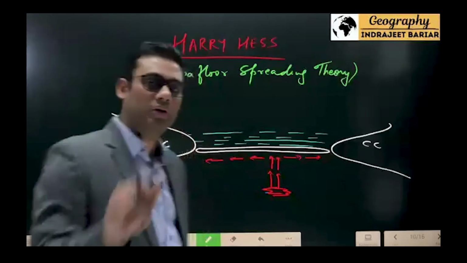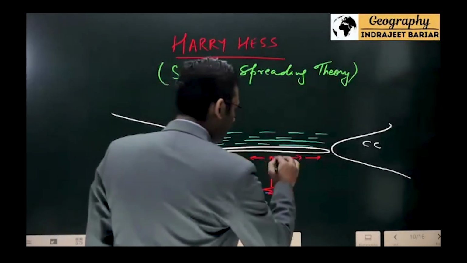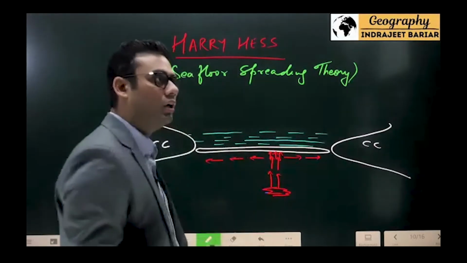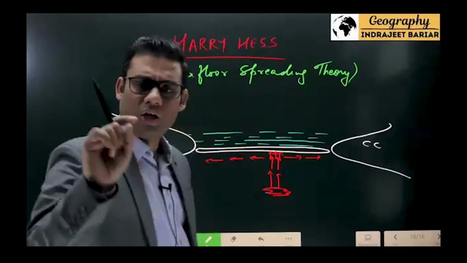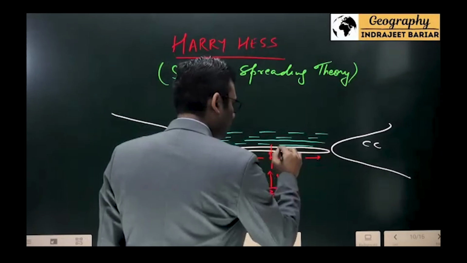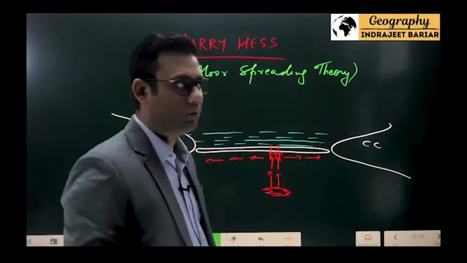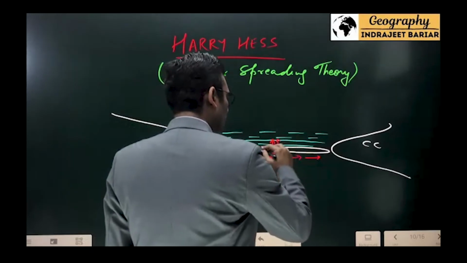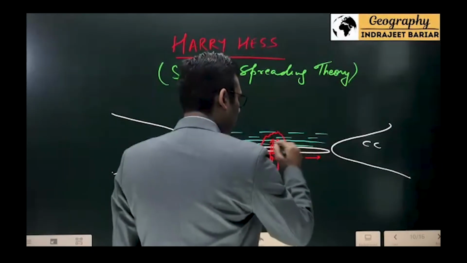Now, what would be the result of this convection current? See, due to this rising limb of convection current, there would be a pressure on the oceanic crust, and oceanic crust is thin. So what happens? Oceanic crust ruptures from here, breaks from here, which results in magma coming out, and this magma solidifies here.